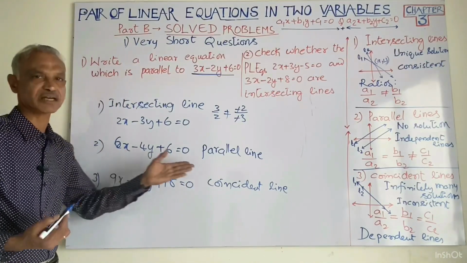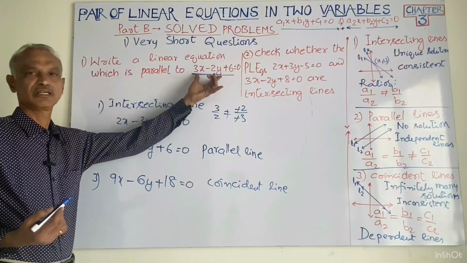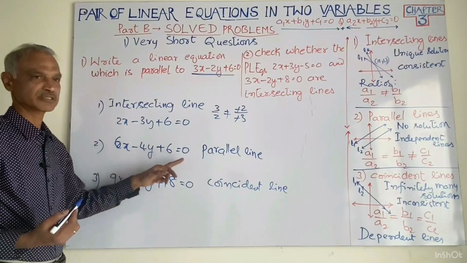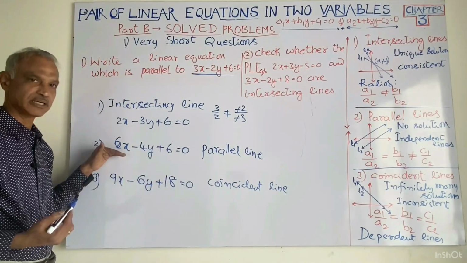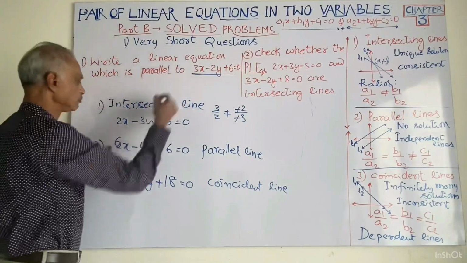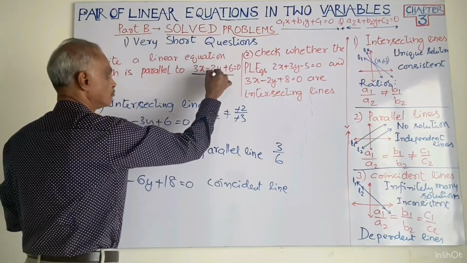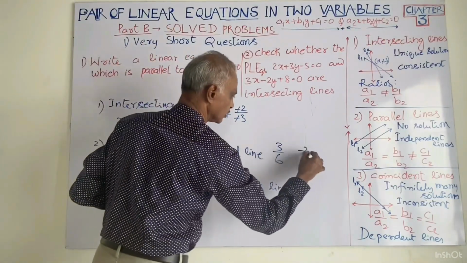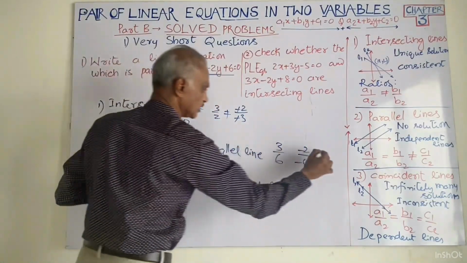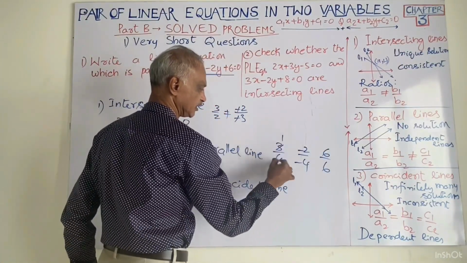What is the question we have? We have to write a parallel line. I multiplied this with only 2: 6x minus 4y plus 6 is equal to 0. Let us compare the coefficients: 3 by 6, minus 2 by minus 4, and C1 by C2, 6 by 6. 3 1s are 3, 3 2s are 6, so this is 1 by 2.